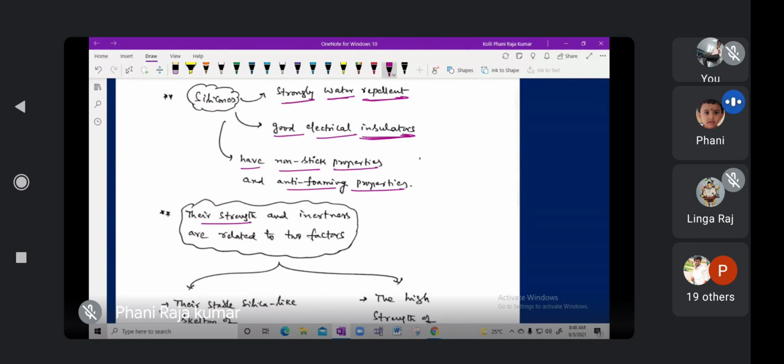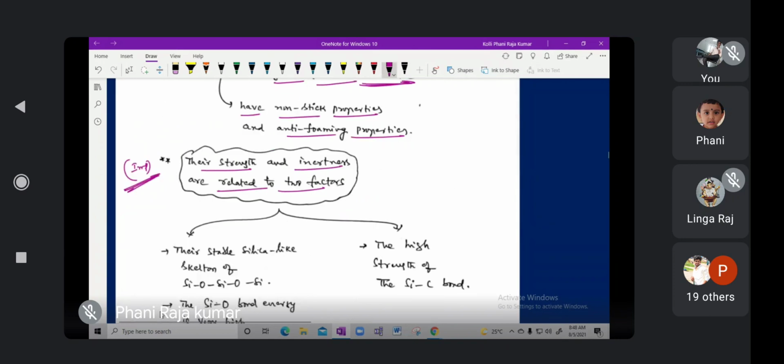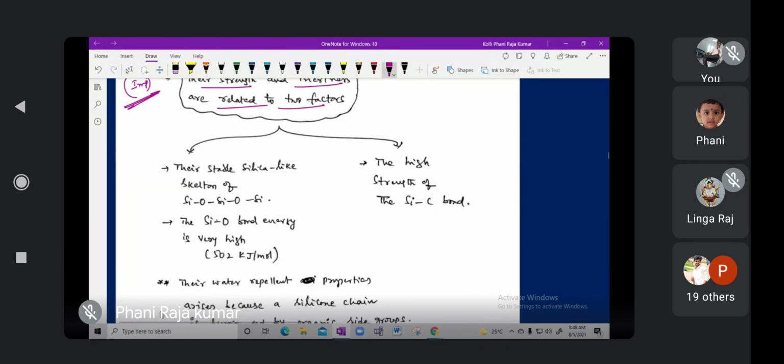Their strength and inertness are related to two factors. One is their stable silica-like structure containing Si-O-Si linkage, and the Si-O bond energy is very high, around 500 kilojoules per mole.